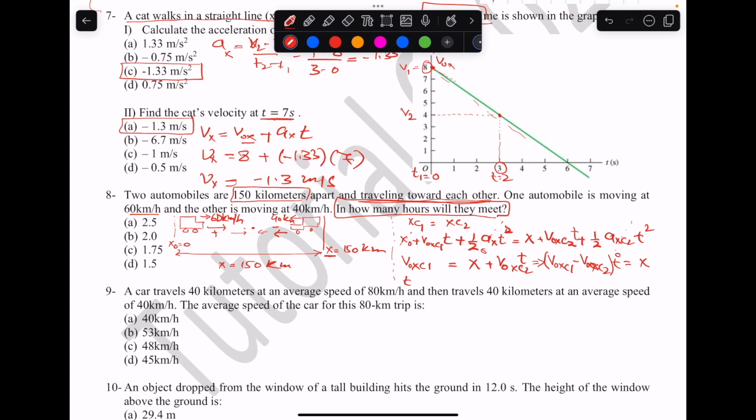So your t will be x over v naught of x C1 minus v naught of x C2.